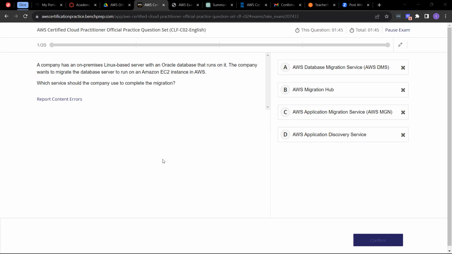Okay, so Derek says A, Delali says A, Judith says A, Mr. Carlos says A. Okay, so Judith is saying the keyword is database server.